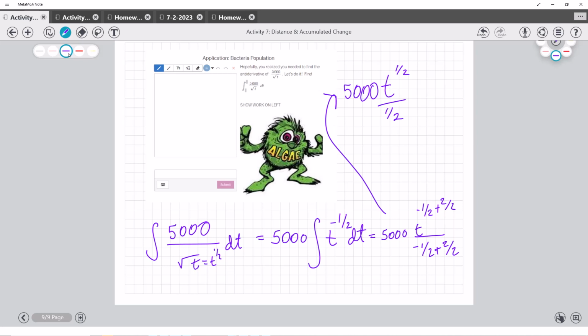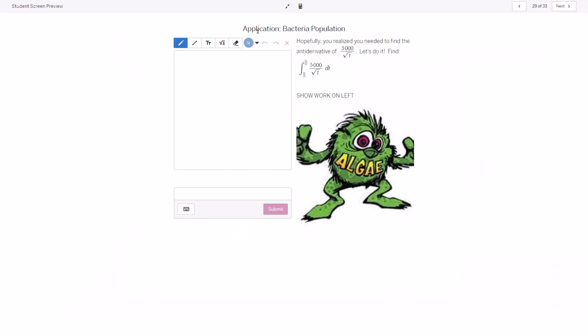Remember, when you divide fractions, you can flip and multiply: 10,000 t to the 1/2, or if you like it better, square root of t. And I think you better put plus c.